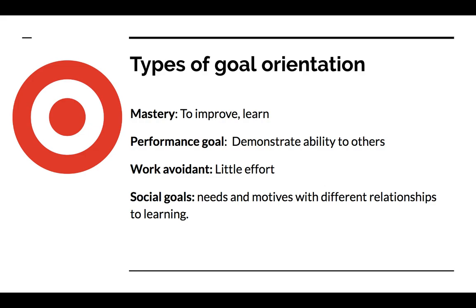Work avoidant, while it doesn't sound like a goal, actually is one. Work avoidant people like to put as little effort as possible into their work. You can motivate them by demonstrating how something they're doing is going to shortcut them.